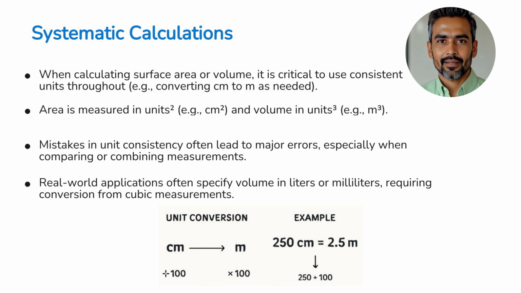In real life, volume is often given in liters or milliliters, especially for liquids. Remember, 1 liter equals 1000 cubic centimeters. So if you know the volume in cubic centimeters, you can easily convert it. Keeping your units straight and consistent helps you avoid confusion and get accurate results every time.